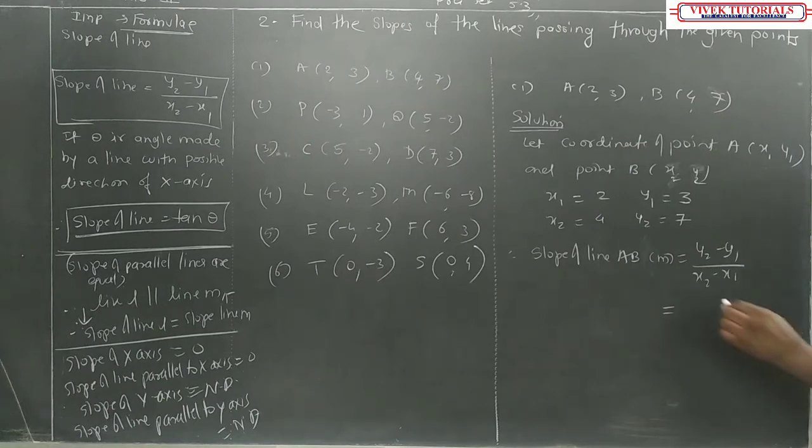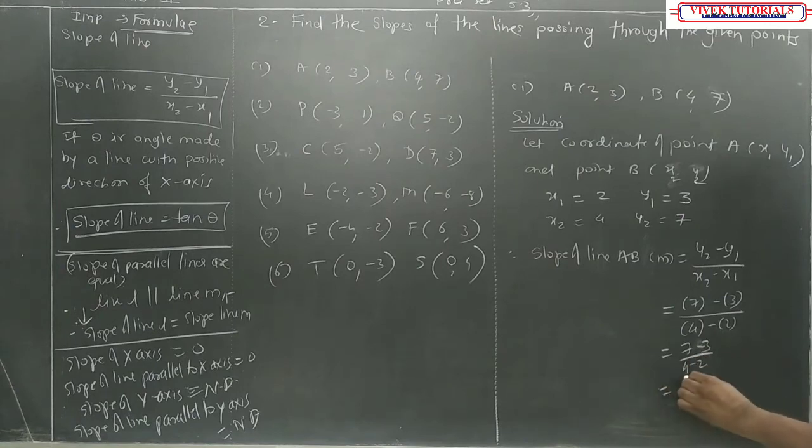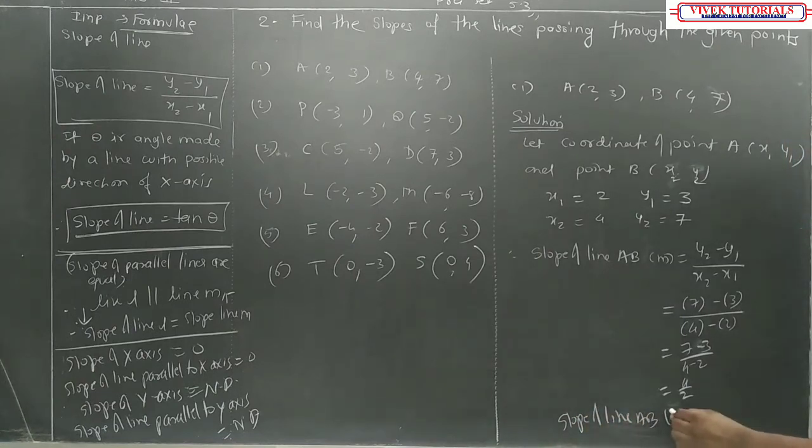So y2 is 7 minus 3, x2 is 4 minus 2, that is 4 upon 2. So what can I write? Slope of line AB is equal to 2. So this is the answer for slope of line AB. Copy down it properly.